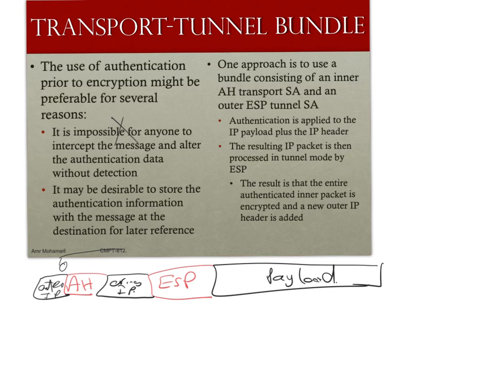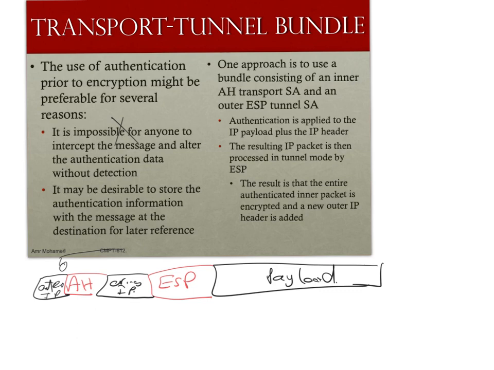If it's the transport mode, then authentication can include parts of the outer IP. Yes, only parts. So the outer IP is for authentication, not encryption. So it will not be encrypted. Yeah, of course, it's not encrypted in all cases. Outer IP cannot be encrypted. You have to have an IP header which is not encrypted. Otherwise, the routers cannot perform their functionality as well.